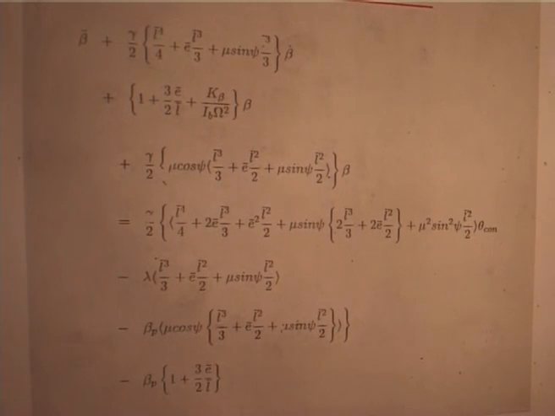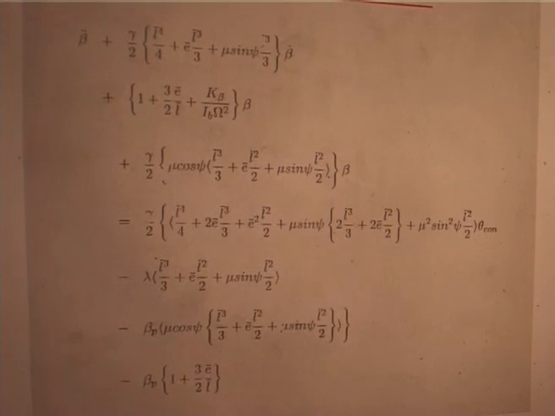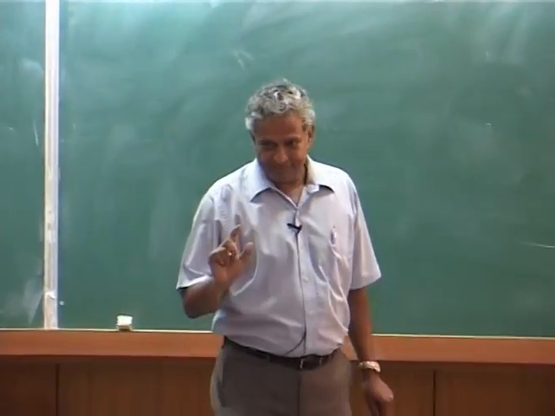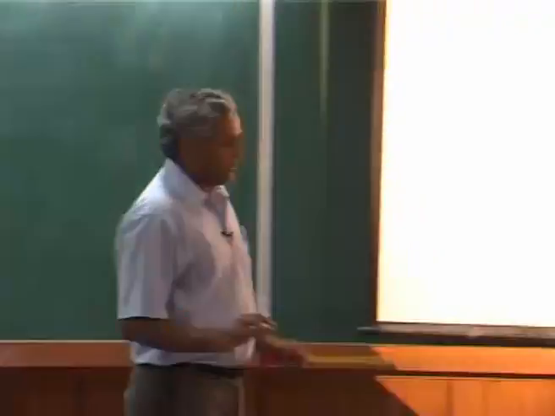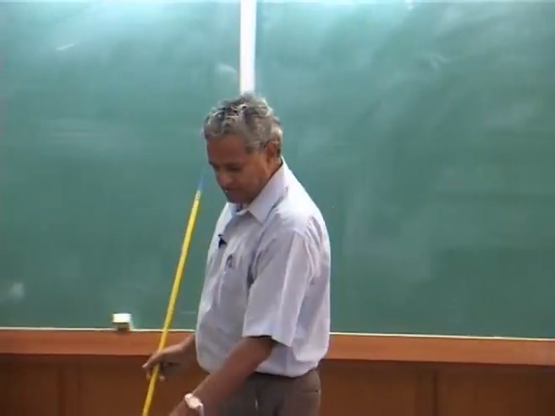I would like to discuss this particular thing a little bit carefully because of the introduction of the hinge offset. What happens to the natural frequency of the blade in flap mode, the rotating natural frequency? If I take the hover case, very simple, I can reduce this for hover.